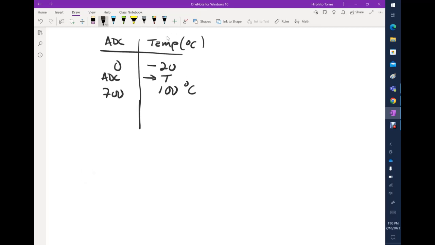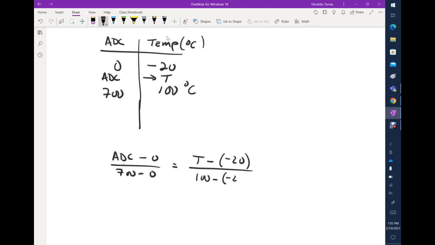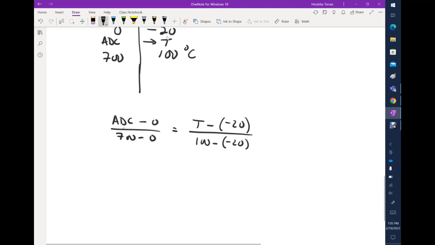For example, interpolation here will be ADC, which is a number that you know, minus 0 over 700 minus 0 equal T minus, careful here, minus 20, you see, minus minus, over 100 minus minus 20. Careful there. So the idea is to put our equation in terms of T. So that will be ADC over 700 equal T plus 20 over 100 minus minus, as plus, is 120.